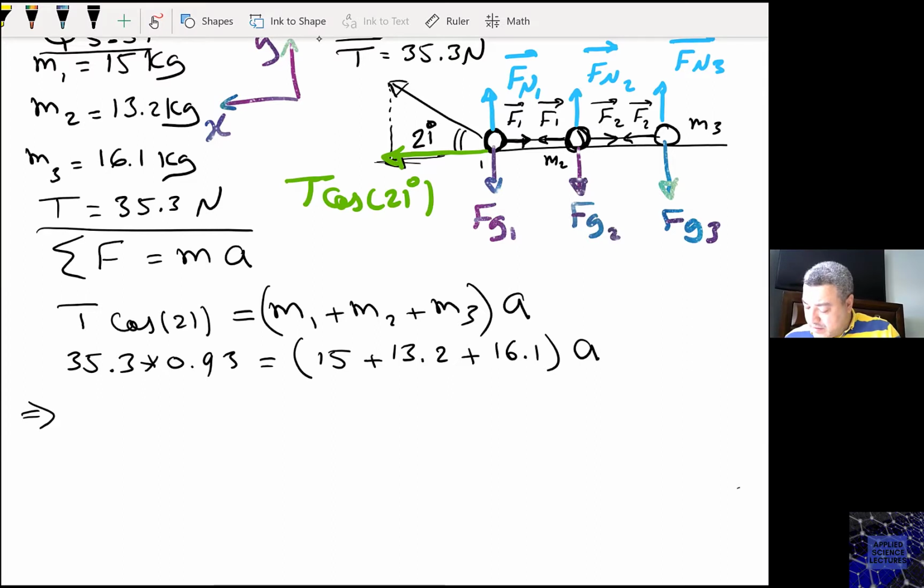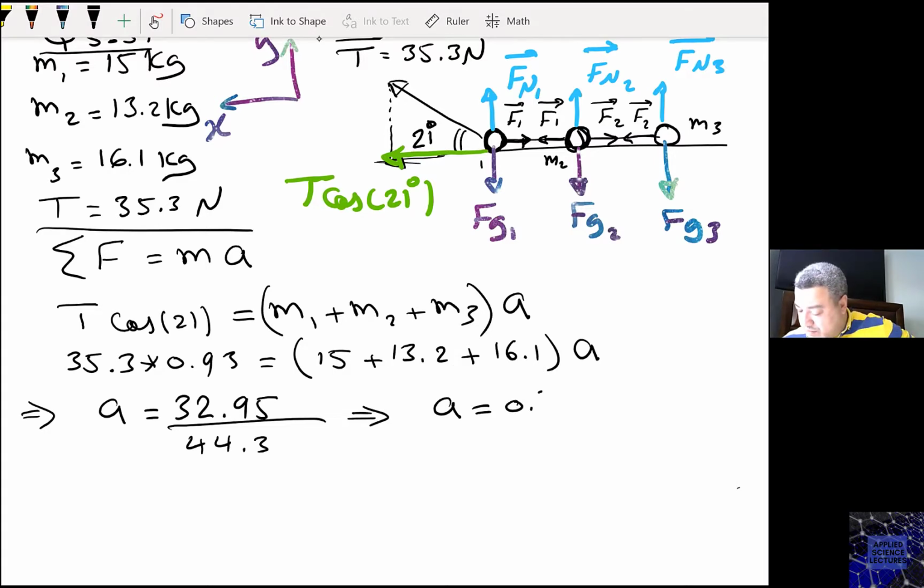Then I have a equals 35.3 times 0.93, which is 32.95, divided by 44.3. Then the acceleration a is 0.74 meter per second squared.